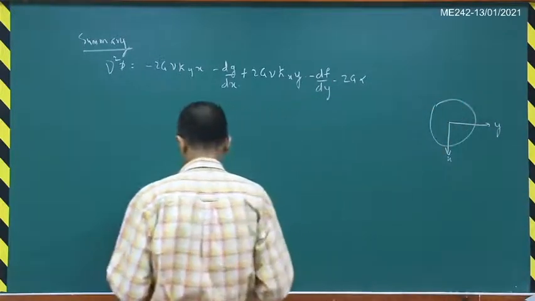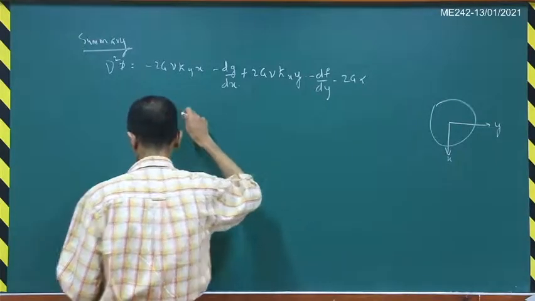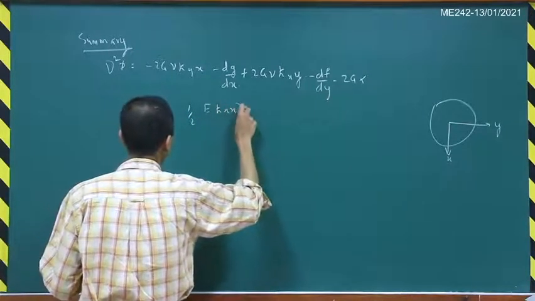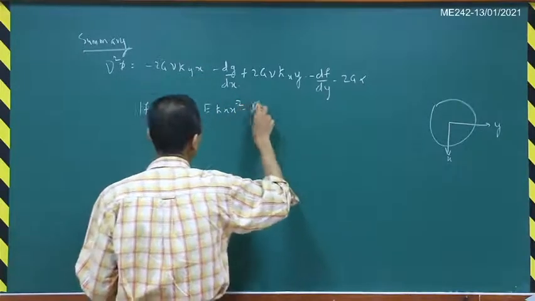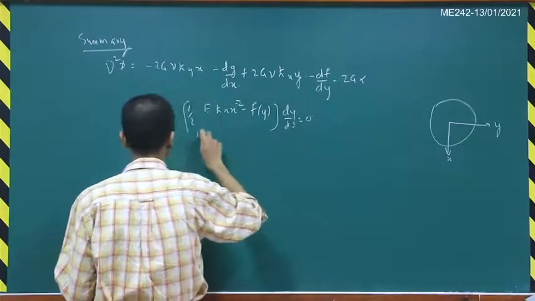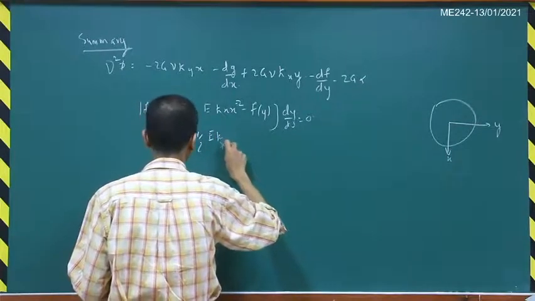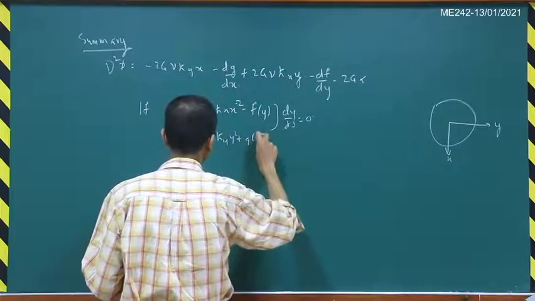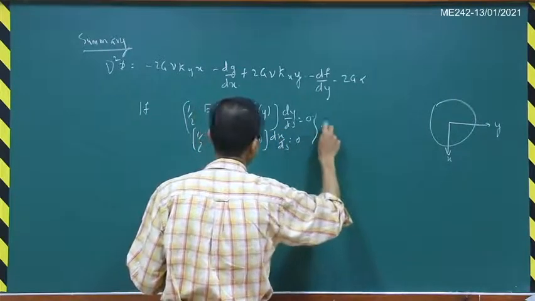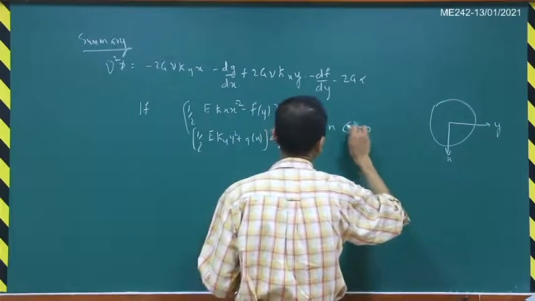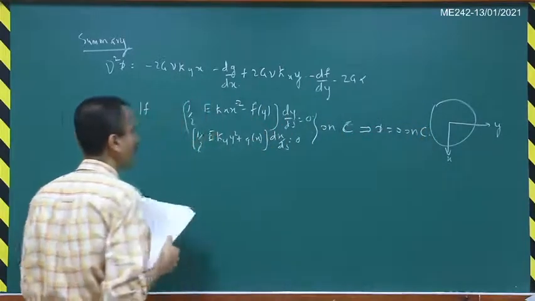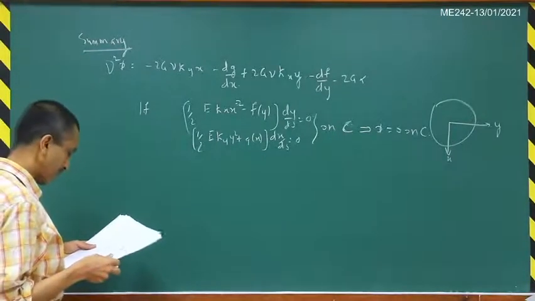We saw that if half of e kappa x square minus f of y times dy by ds is equal to 0, and half of e kappa y square plus g of x times dx by ds is equal to 0 on C, then this will imply that phi equal to 0 on C. If we can choose f of y and g of x in such a manner, then we get phi equal to 0 on this one.